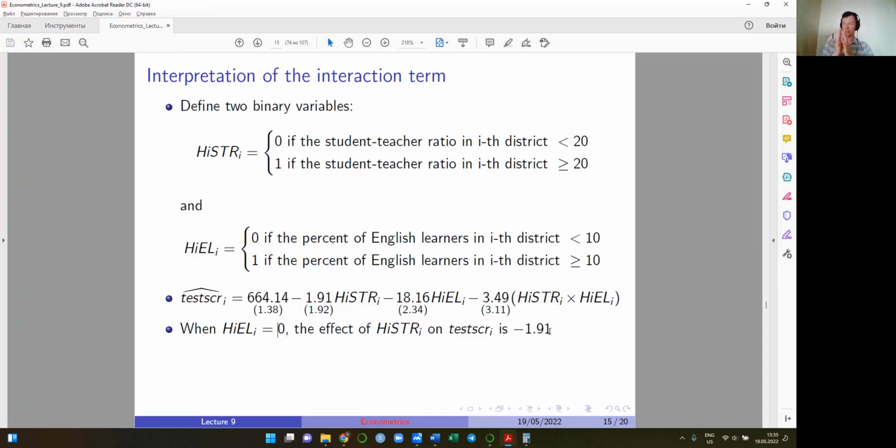So basically, if you take districts where the percentage of migrants is not large, the difference between test scores in large classes and small classes is 191.